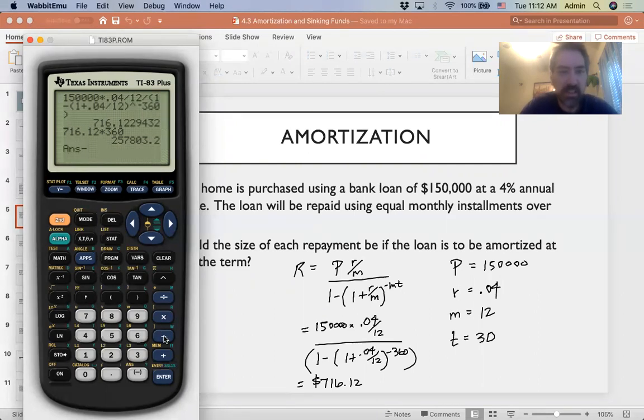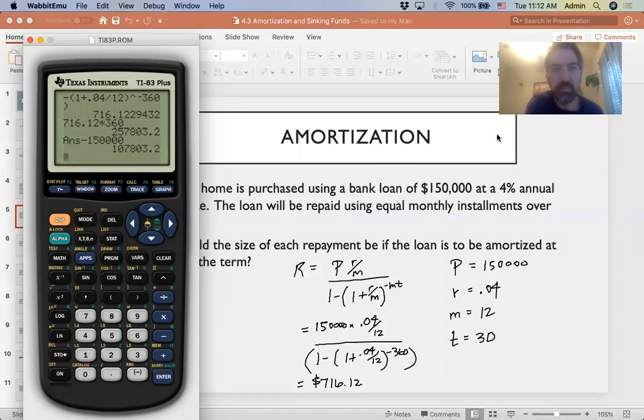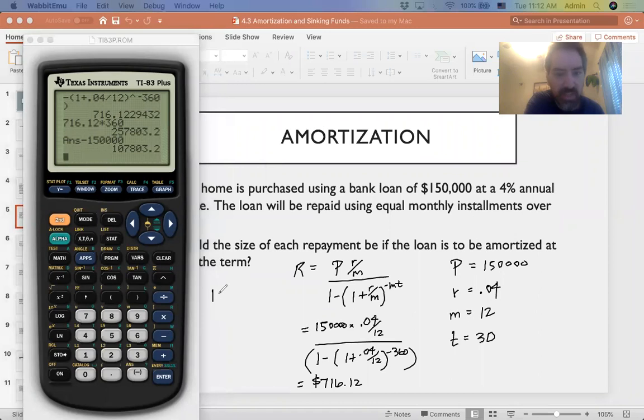So subtracting that loan amount will give us how much we paid in interest, which is $107,803.20.